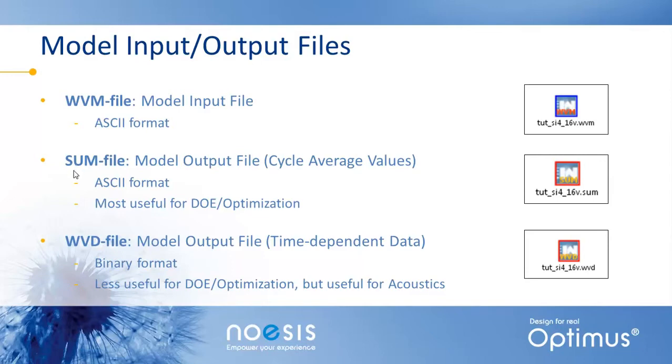And there is also a binary file with the WVD extension, which contains all kinds of time-dependent data. This file is less useful for this kind of optimization, but it might be useful in the later stages if we want to do some acoustic analysis. And this is something that will be demonstrated in the second case study.